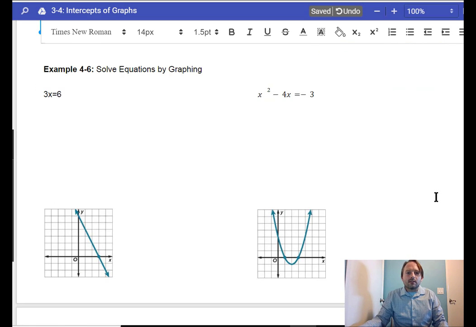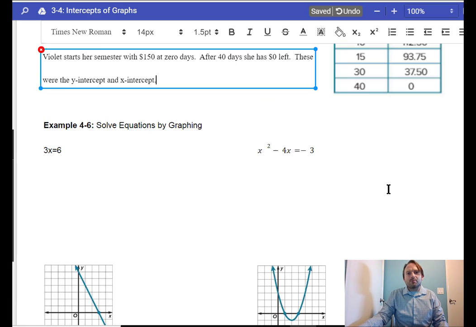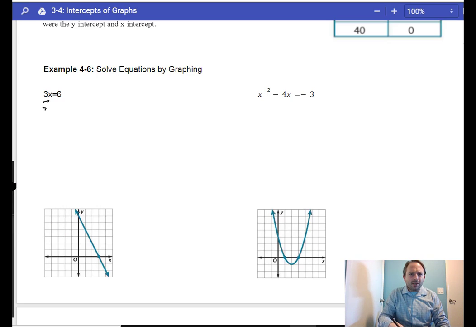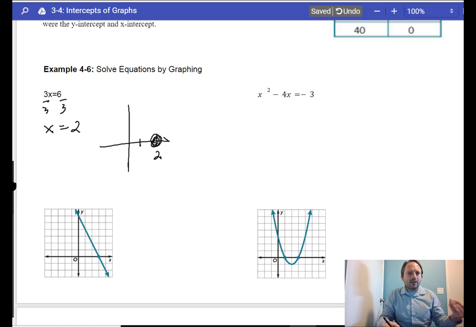All right. It says solve equations by graphing. So I don't really like how the problem sets up. If we were to solve these, we would divide by 3 on both sides and get x equals 2. But x equals 2 would be like 1, 2, it would hit right here. So there's nothing on this right here.